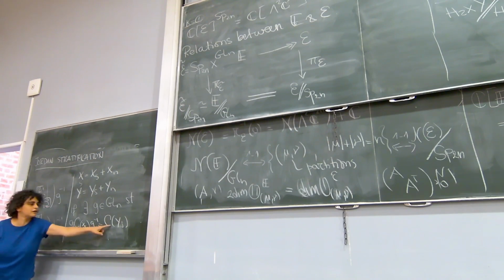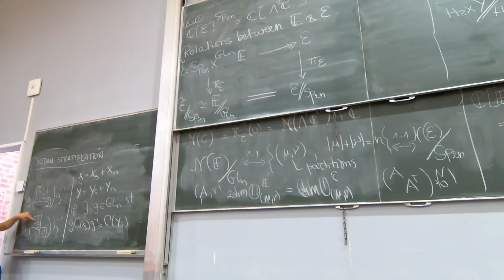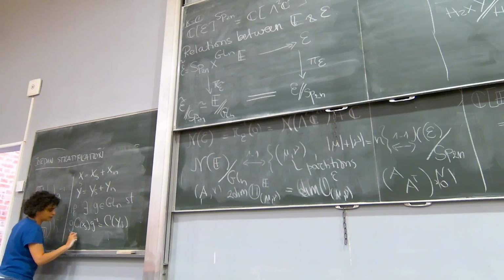So telling that they are conjugate is essentially telling me that the algebraic multiplicities are the same, and I want the nilpotent part to be the same up to conjugation.